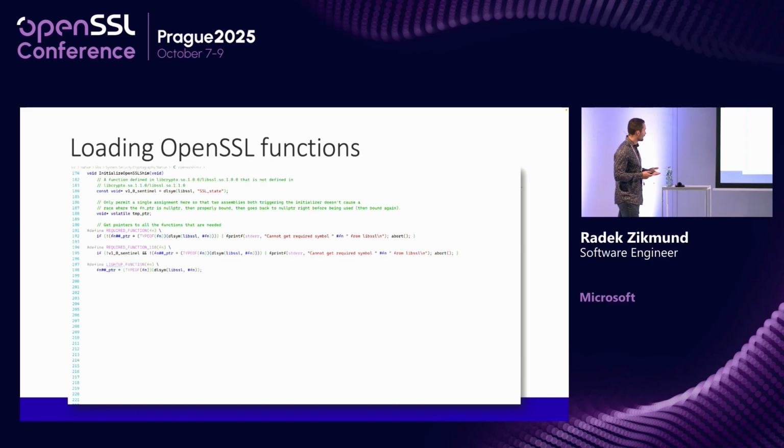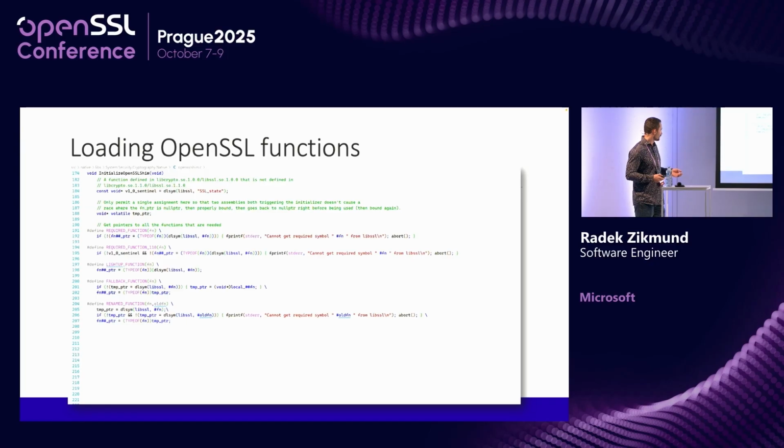We also have lightup function, which is just a weird way to say optional function. So that's something which we use for newer features that are available only on newer versions of OpenSSL. We have fallback function, where we are able to provide our own implementation when there is no such function in the shared library. And we also have some macro which is able to handle renames.